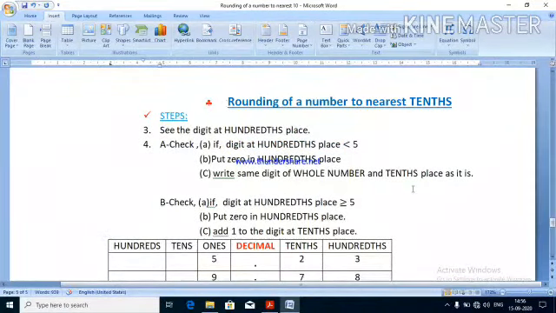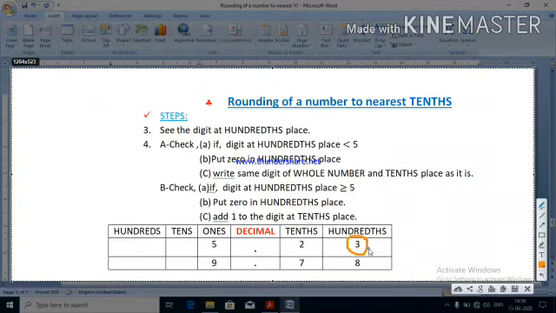Here the digit at the hundredths place is less than 5, so you have to put 0 here, also 0 here, and 2 in the tenths place, and the decimal is already there. And 5, you have to write 5 as it is.